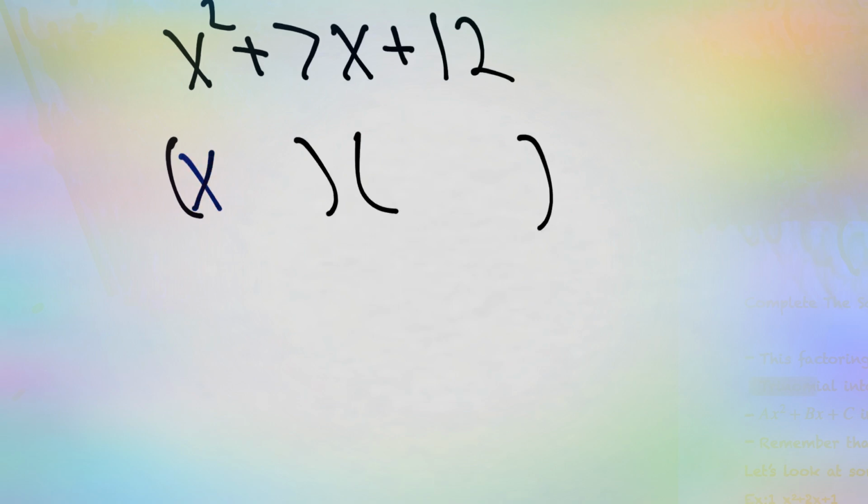Now see, if we had to factor this trinomial, we could put our two parentheses, throw our x's in, and both signs are positive, so it'll remain positive. And I know the sum of 4 and 3 gives us 7, and the product of 4 and 3 gives us 12.